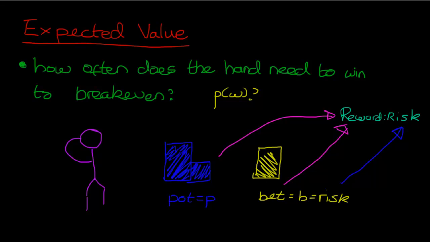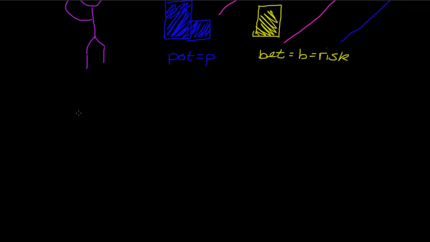So then, what do we need to do? Let's get the EV equation that we made earlier and write it out. EV equals the probability of winning times how much we win, which I'm going to call W, that's our reward, minus the probability that we lose times our risk.